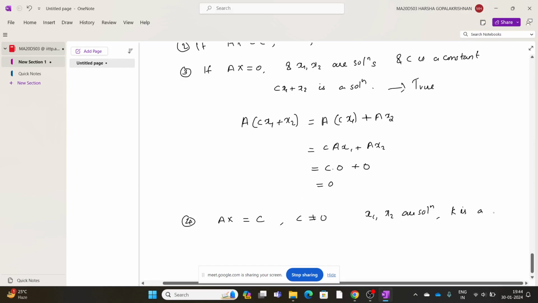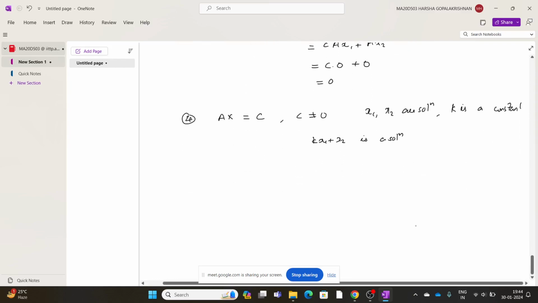Now the same question I am asking: in this case, kx1 plus x2 is a solution. So we need to check whether it is true or false.